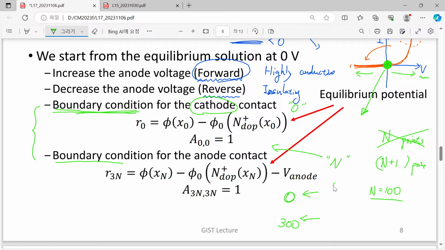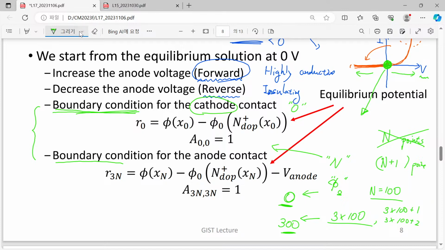For the electrostatic potential at the two boundary values. For the zeroth node, we have index 0 in our solution variable, and we will have index number 300 for 3 times 100. Of course, we will have some numbers like 300 plus 1 and 300 plus 2.